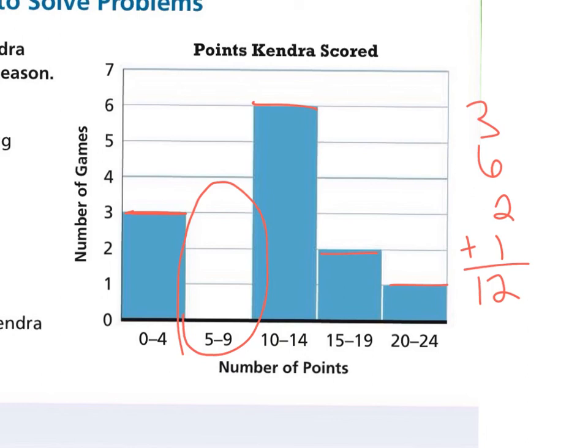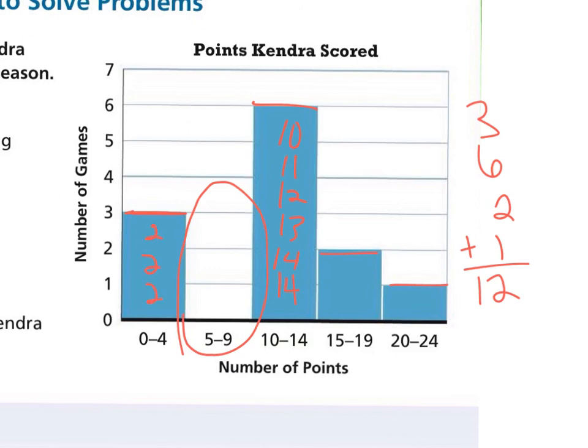I mean, it's possible in this 10 to 14, we don't know, but she could have gotten maybe a 10, 11, 12, 13, 14, 14. Maybe that was what she got there. And then maybe over here, this was 2, 2, 2.